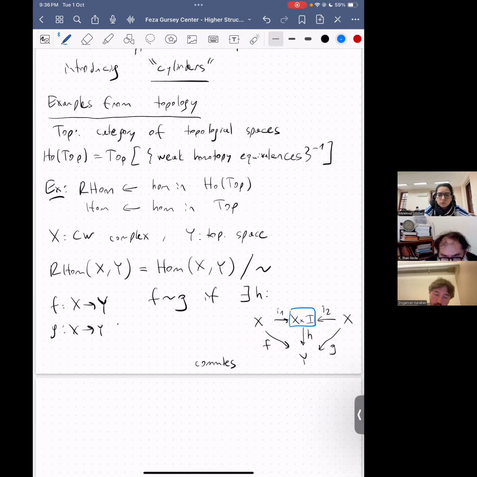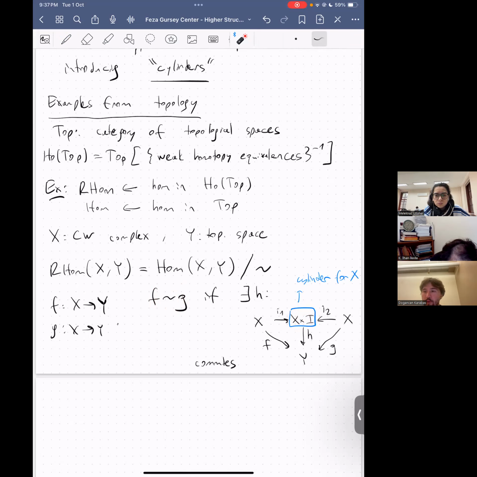This is a cylinder for X. I take X and I multiply by the interval. I make a cylinder of X. It's not like a cylinder of a circle, but. And using that, I define homotopy. So this gives me homotopy.